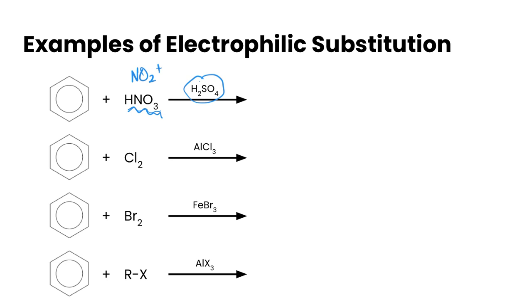And so it's known as the nitration of benzene reaction. What we're going to create then as our products is a benzene with a nitro group attached to it. And then we're creating a molecule of water as our other product.